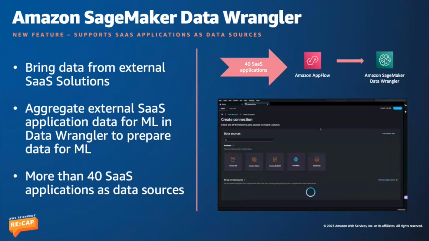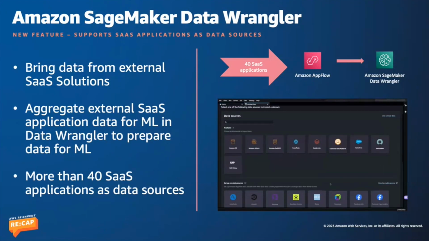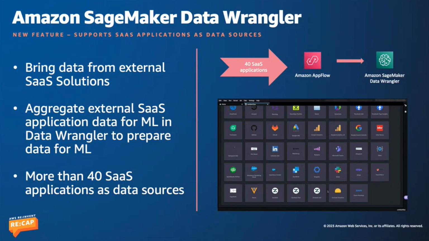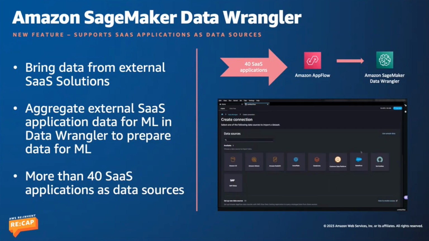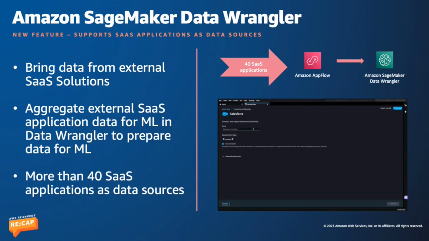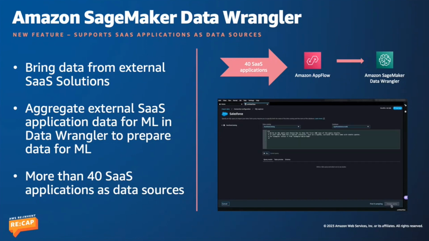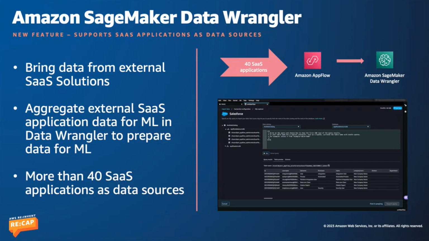When it comes to Amazon SageMaker Data Wrangler, as I mentioned, this is a new functionality, you can now aggregate external SaaS application data for machine learning in Amazon SageMaker Data Wrangler to prepare data for machine learning.